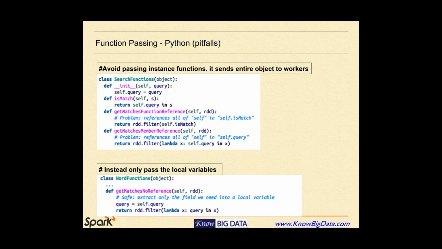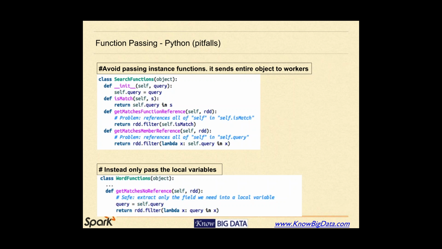And eventually we end up passing the self object in one way or another. So this will lead to transporting the whole object of search functions to Spark, which is going to be a big headache. So do not try to mingle your class objects with Spark RDDs.